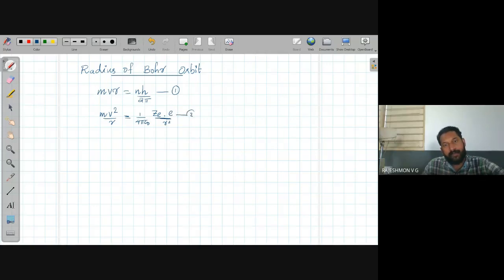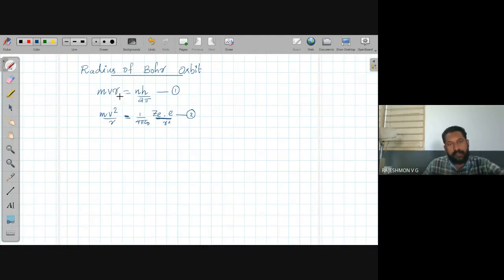If r is the radius of an orbit, then the necessary centripetal force is given by mv square by r. Here the only agency which can provide that centripetal force is the Coulomb attraction between nucleus and the electron. So we got two equations.